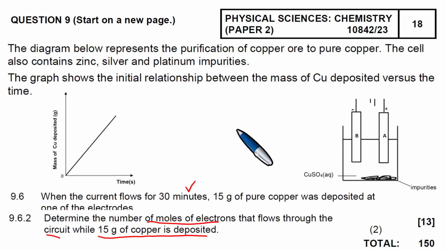What is the answer to this one? 2 marks. I'm testing you. You don't just get all the answers, you think also. I'm testing you so that I can see that you think.